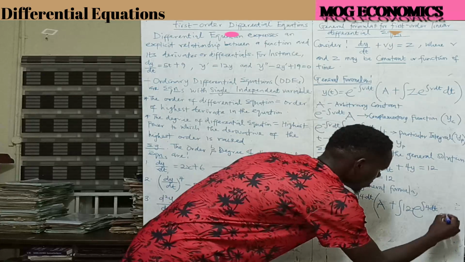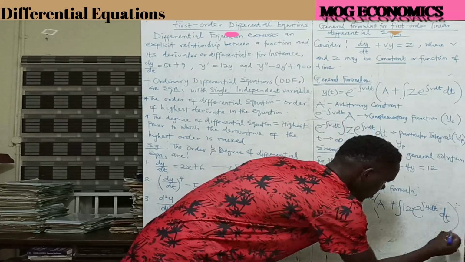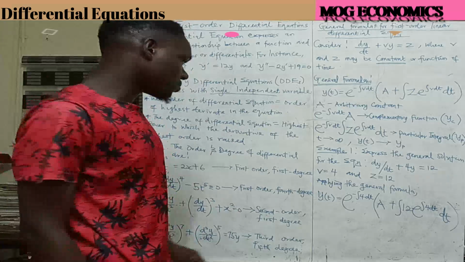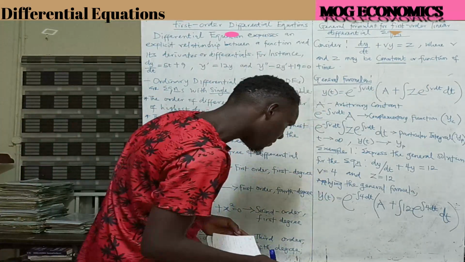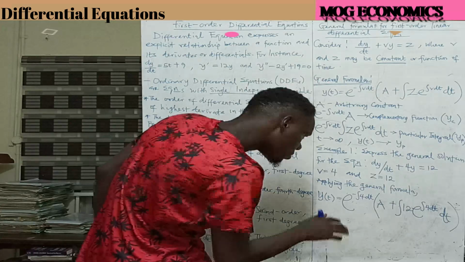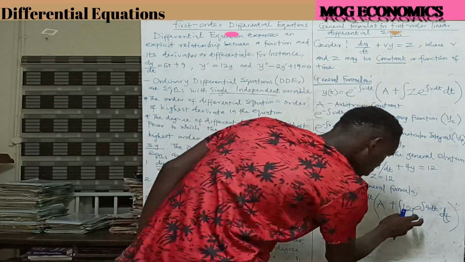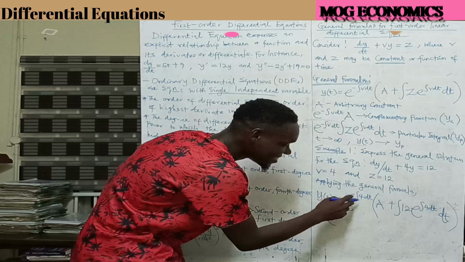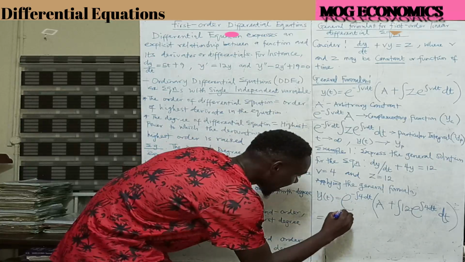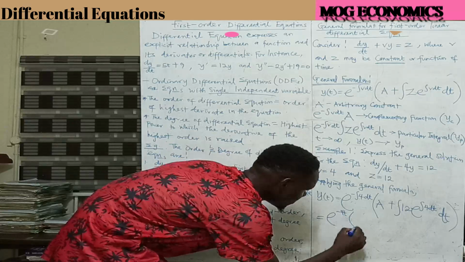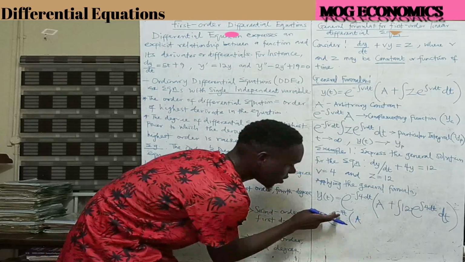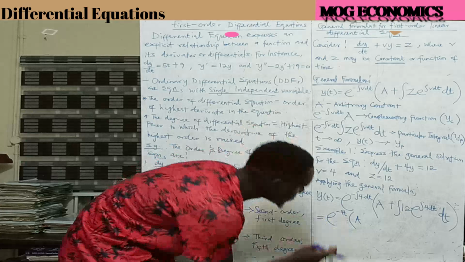So integrating this again, by integrating this, we have this, then this becomes minus 40.